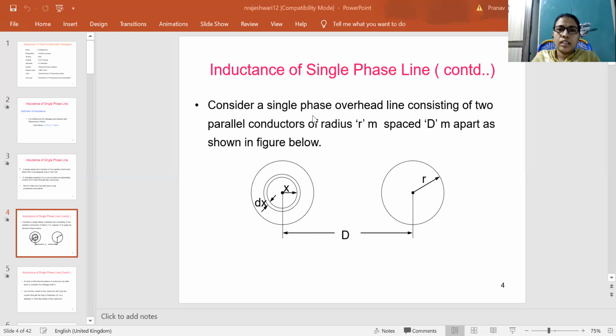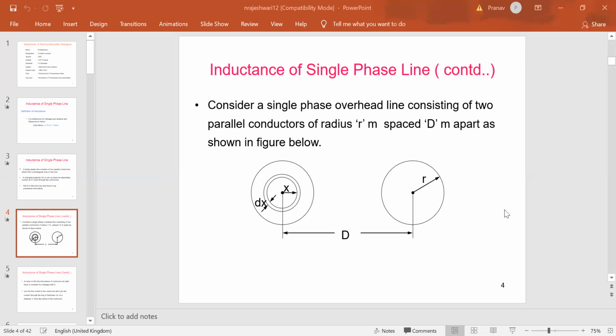So consider a single phase overhead line consisting of two parallel conductors of radius small r meters, spaced D meters apart, as shown in the figure below.